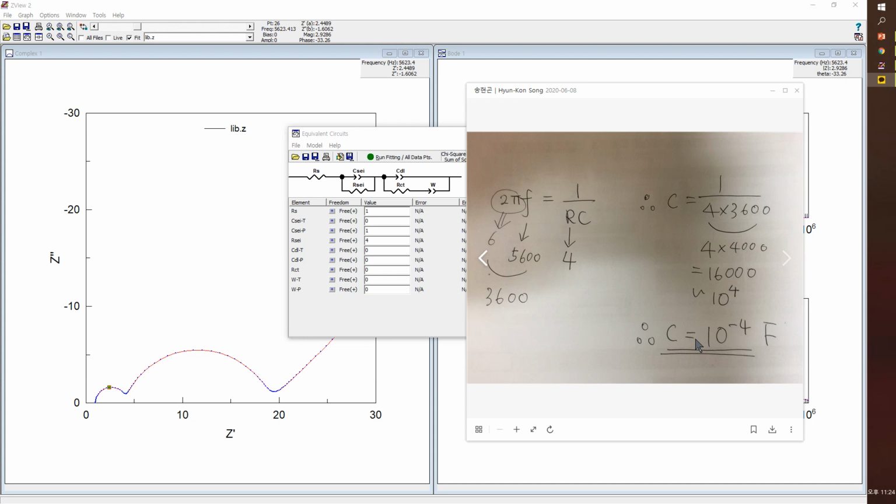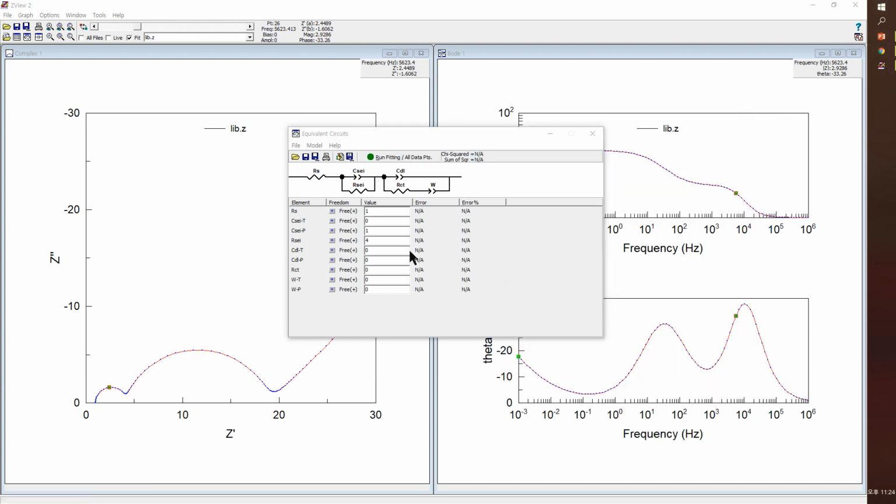Actually, the true value is 10 to the minus 5. However, 10 to the minus 4 is enough as the initial guess. So let me say 10 to the minus 4.